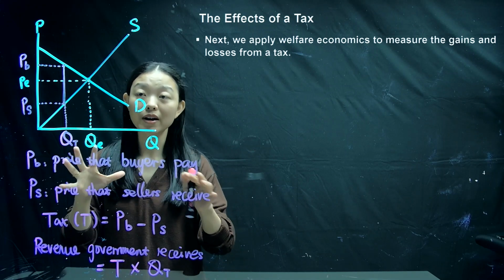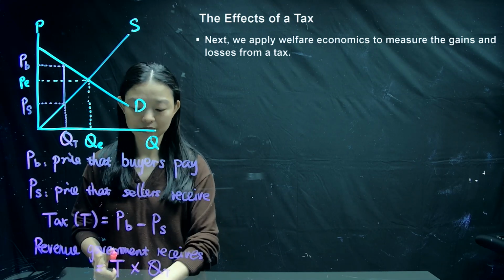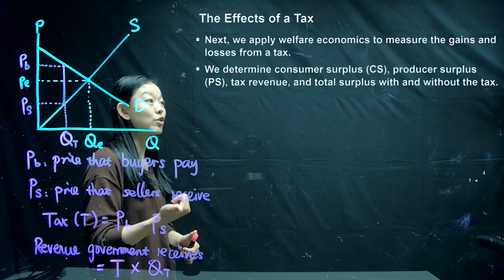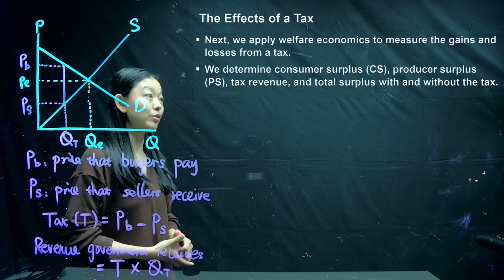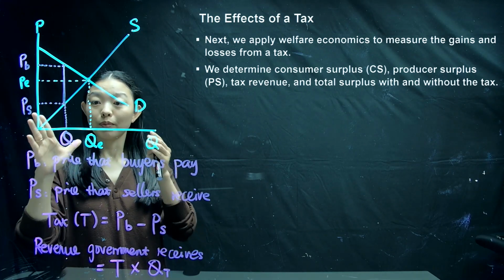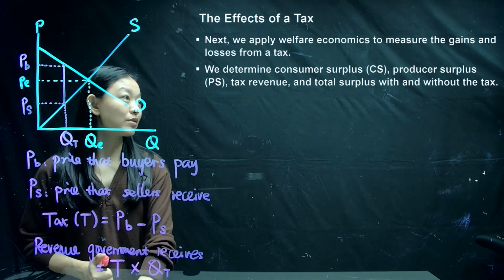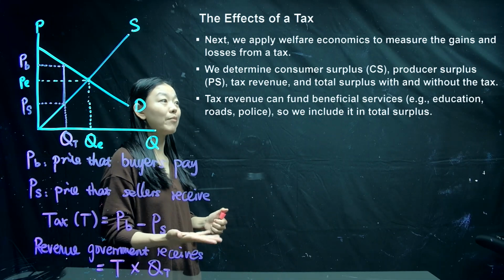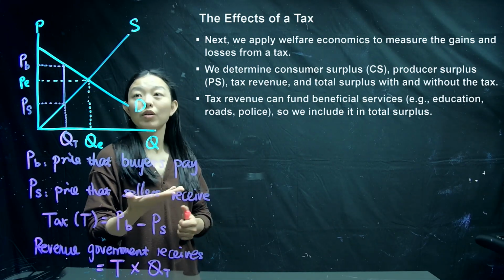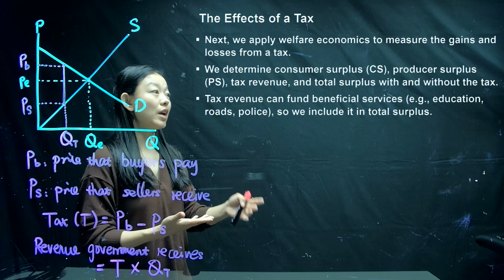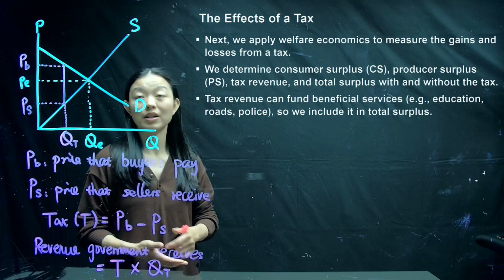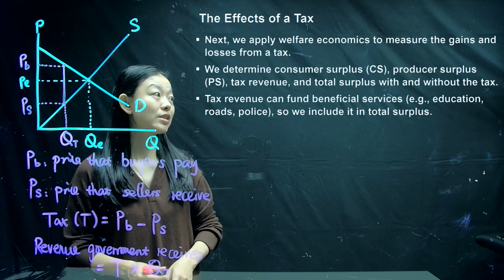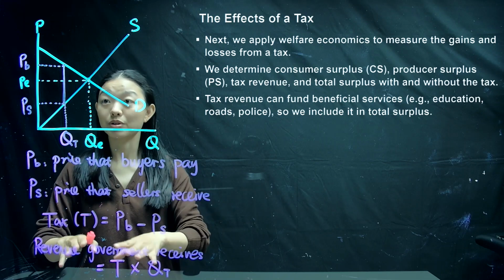We want to compare which scenario is better, so we will determine consumer surplus, producer surplus, total surplus, and tax revenue with and without tax. The tax revenue can be reused in beneficial services such as infrastructure construction and public education, so we'll include it in the total surplus.